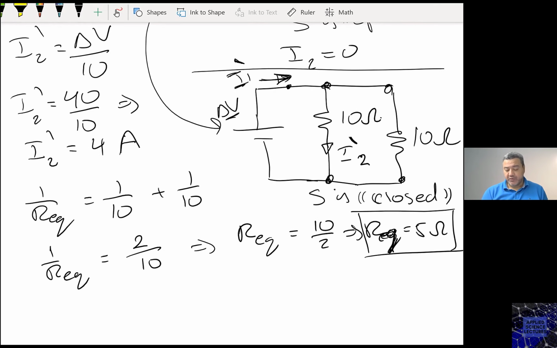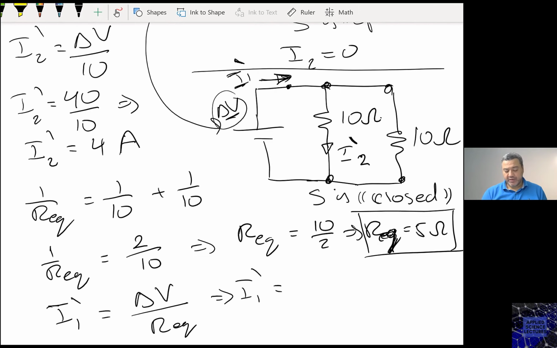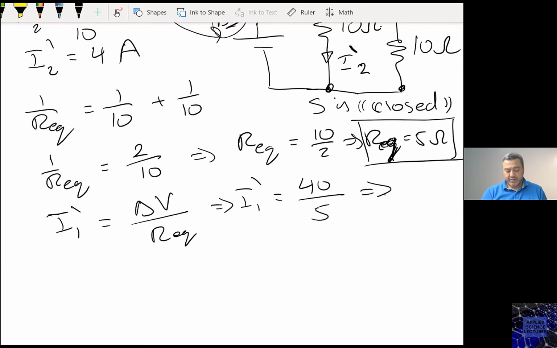So in this case now, I know the equivalent resistance for this circuit. I know the potential difference. I can find I1 prime, which equals delta V divided by R equivalent. I1 prime is delta V, 40 volts, divided by R equivalent, which is 5, and then I1 prime equals 8 ampere.